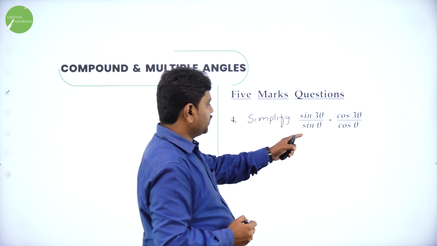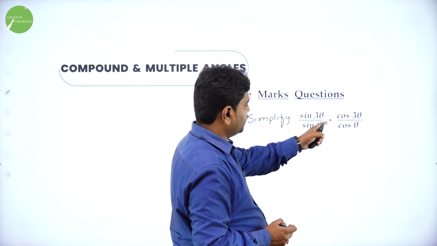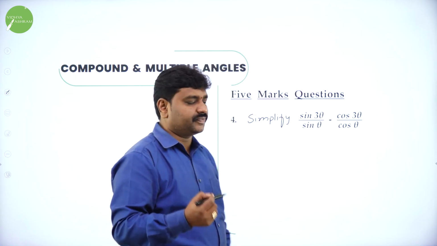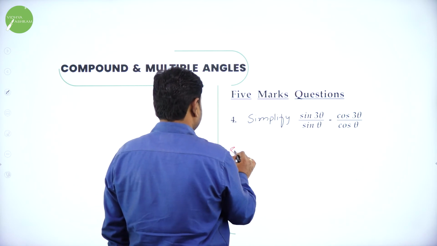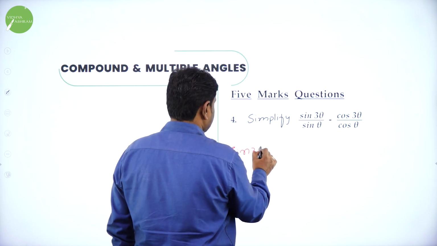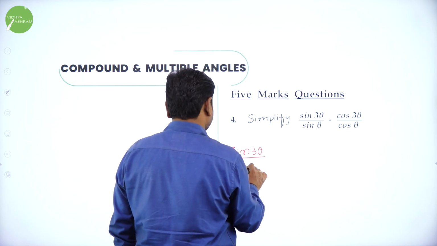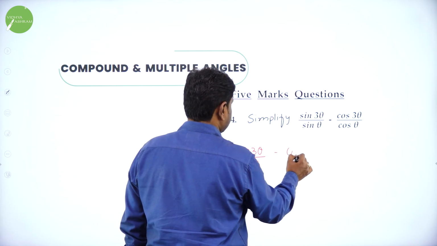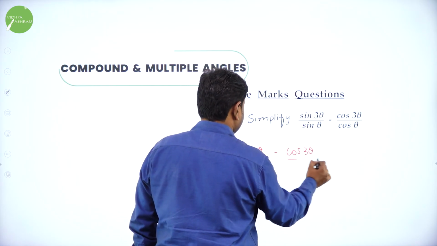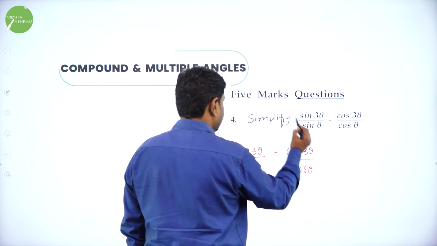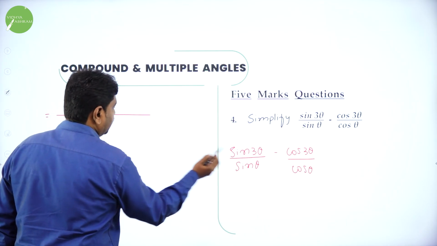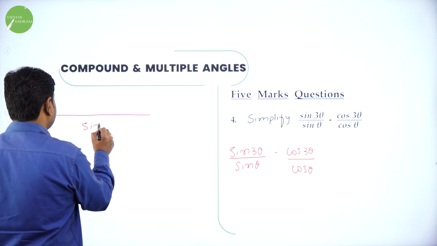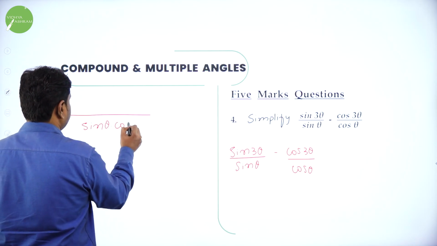Simplify sin 3 theta by sin theta minus cos 3 theta by cos theta. In order to simplify, we take the term given, sin 3 theta by sin theta minus cos 3 theta by cos theta. Now take the LCM. The LCM is the product of denominators, that will be sin theta into cos theta.